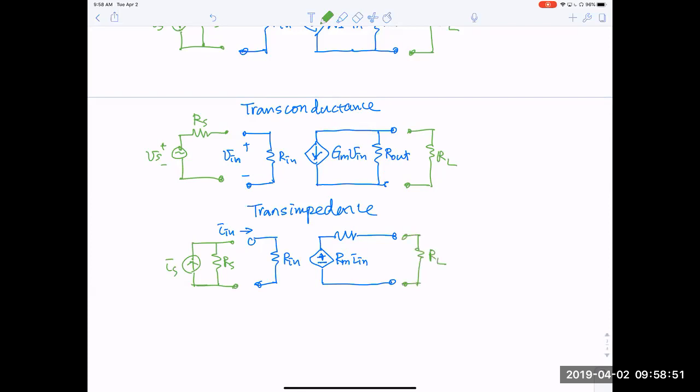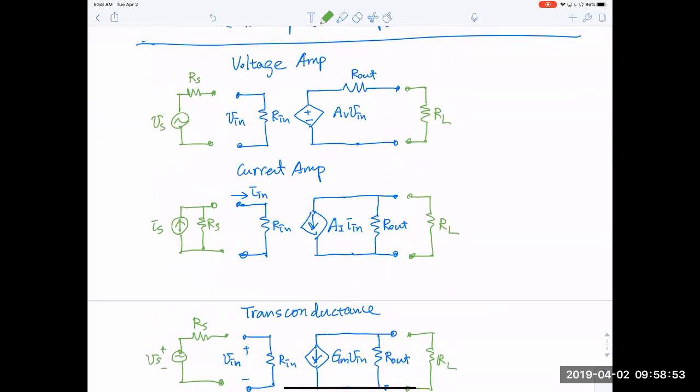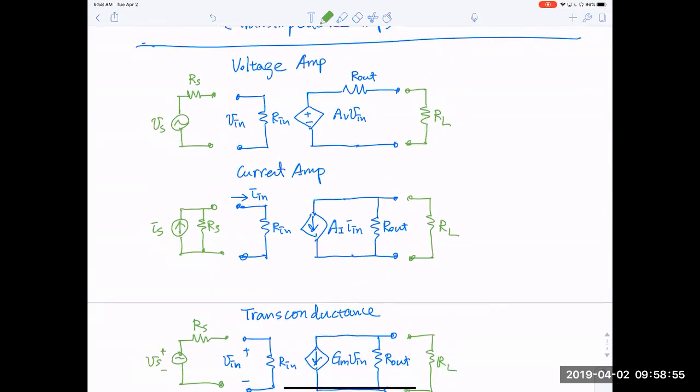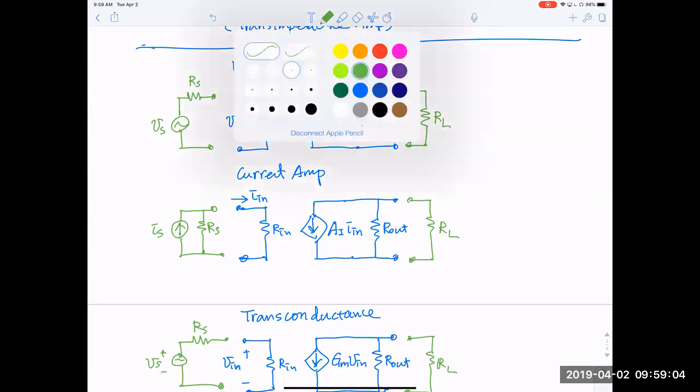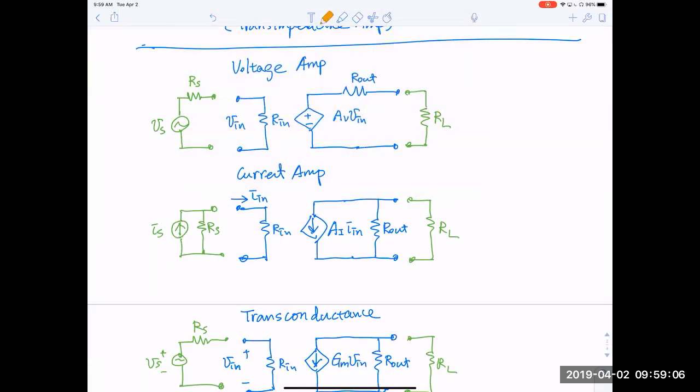Now that we attach the source, you can see more clearly the unique functions of these different representations. V in for this circuit is simply a voltage divider: Vs times R in over Rs plus R in.